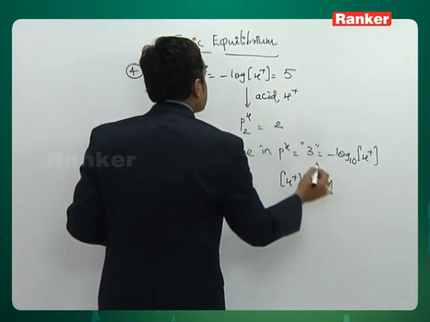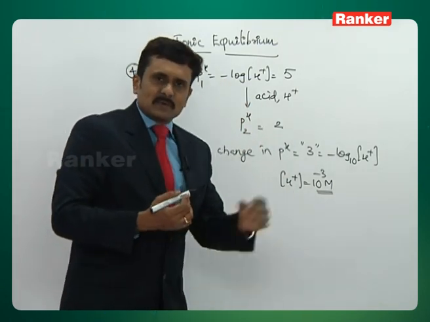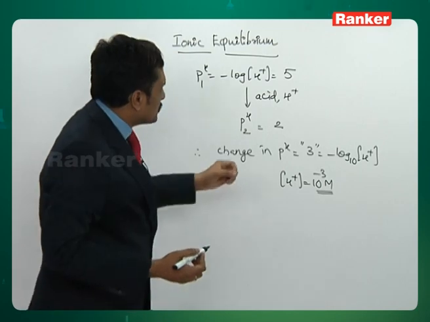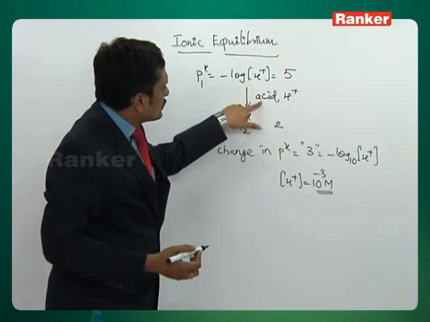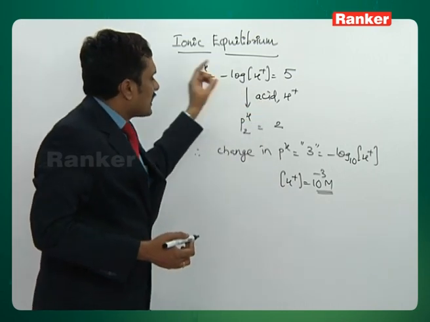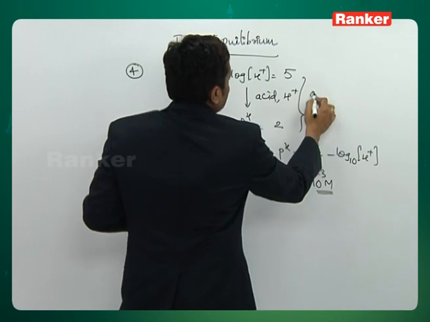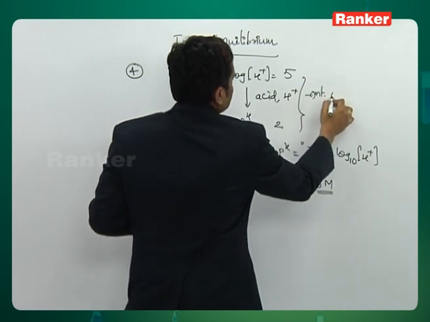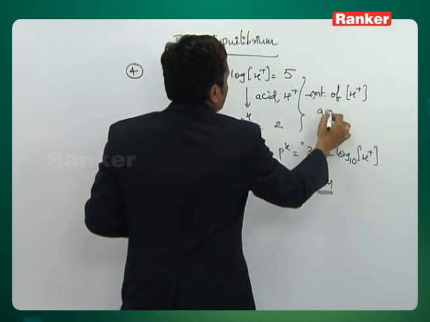This is the change which takes place when we add the acid, or we can say that the value of pH will decrease only when the acid is added, and the difference is considered to be the amount of times the concentration of H plus being added.